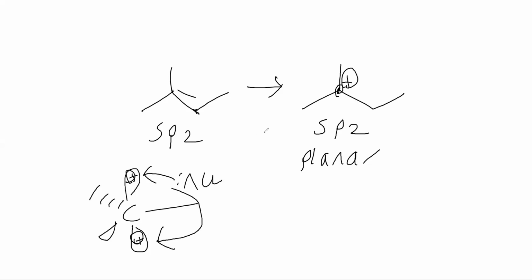So it can lead to either a dash or a wedge. It'll probably lead to a mixture of the two. So there's no stereoselectivity due to this intermediate. Okay, so that's just explaining why there's no stereoselectivity with these carbocations. I don't know if you asked about that, but the more you know.